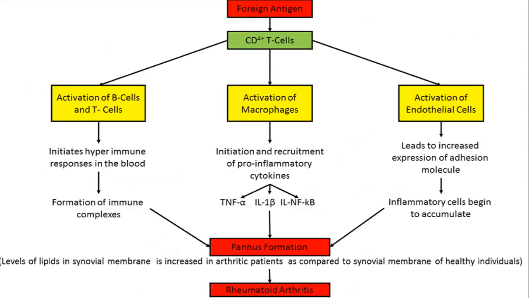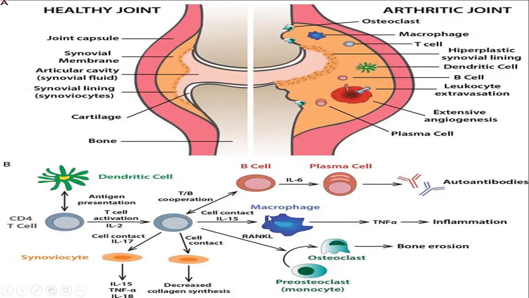Okay, so another autoantibody, not shown in this diagram, but I want you to note, seen in rheumatoid arthritis, are antibodies directed against citrullinated proteins, which are generated by modification of protein-bound arginine by the enzyme peptidyl arginine deiminase.